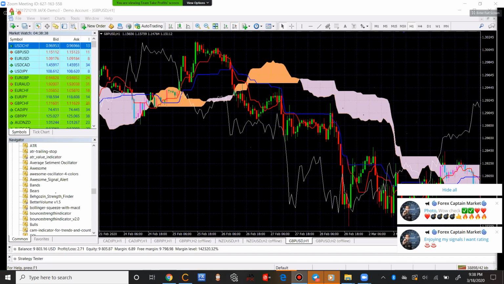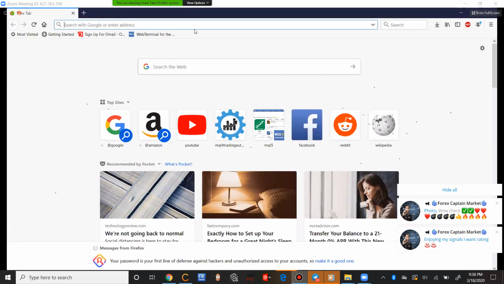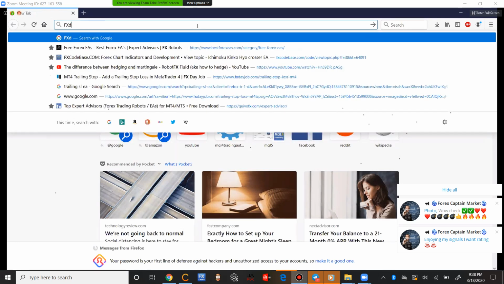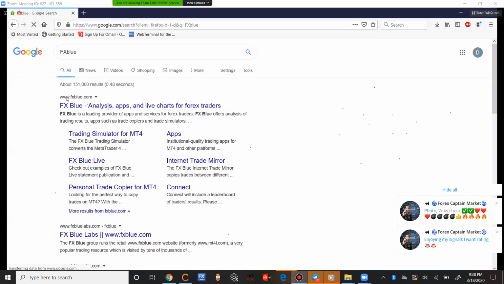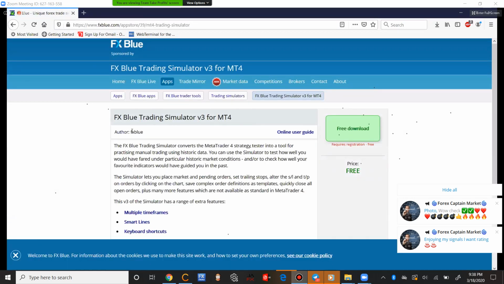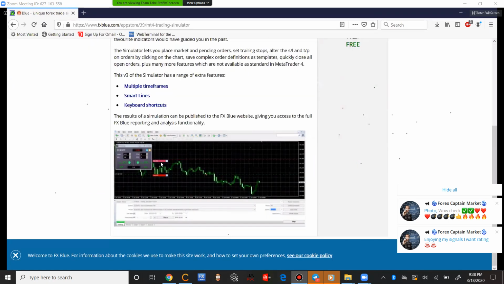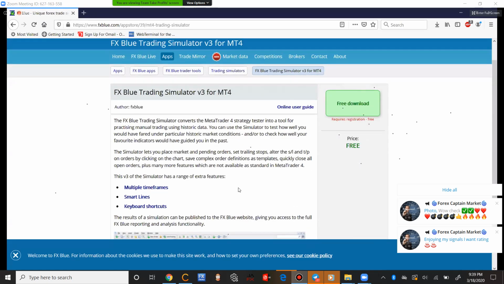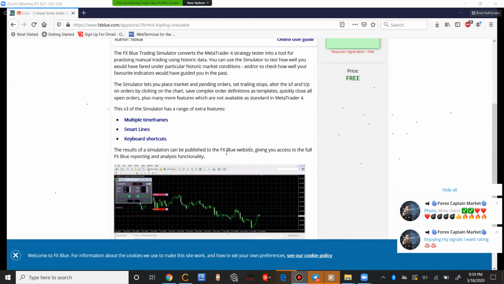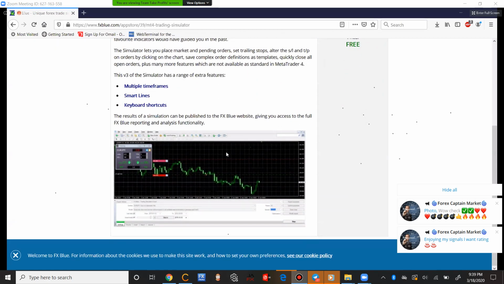For back testing, you're going to use a software called FX Blue. It's a trading simulator that simulates real-time trading, except all the way in the past, so it keeps you from trying to look ahead of the chart.